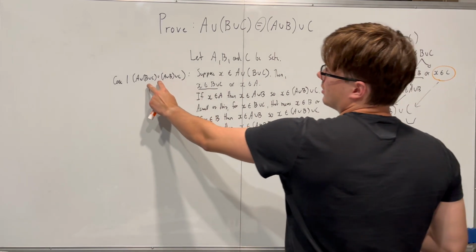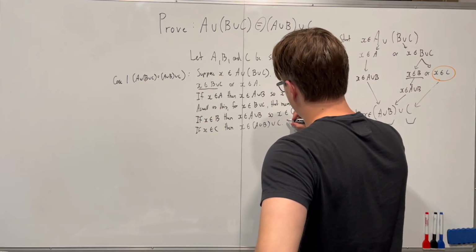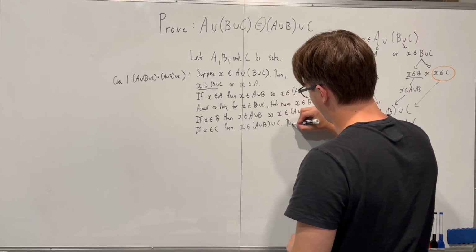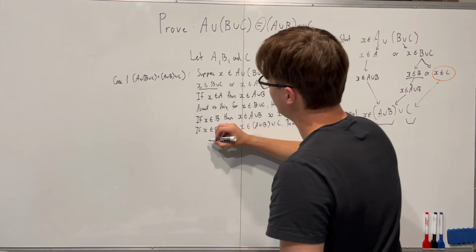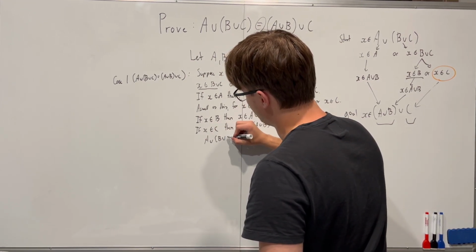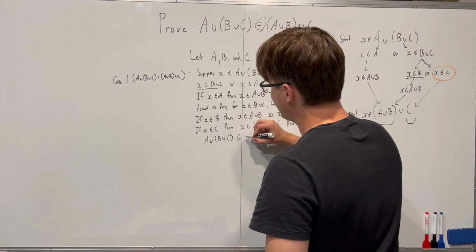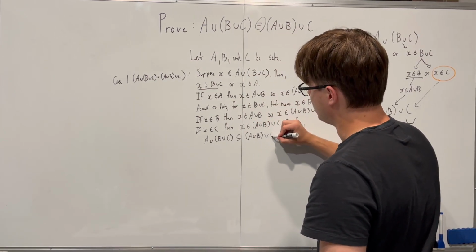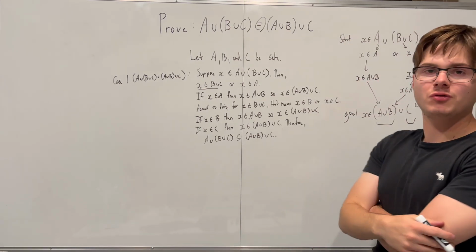Fantastic. Now we want to conclude this. So we're going to say, full stop, therefore A union (B union C) is a subset of (A union B) union C. Fantastic. So we've proven our first case.